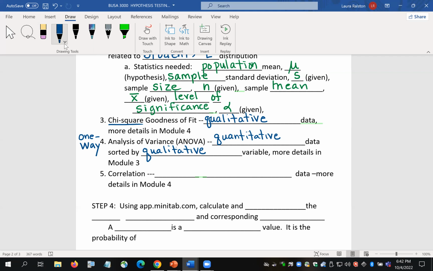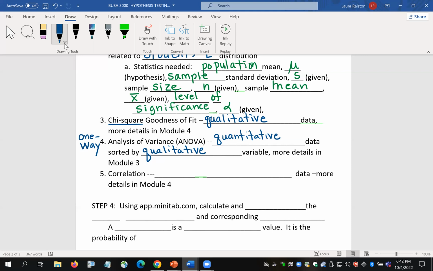Maybe we look at blood pressure and we sort it by the type of disease that someone has. Do they have heart disease? Do they have arthritis? But you're sorting it by some qualitative variable. That one we'll talk about a little bit later on in Module 3.